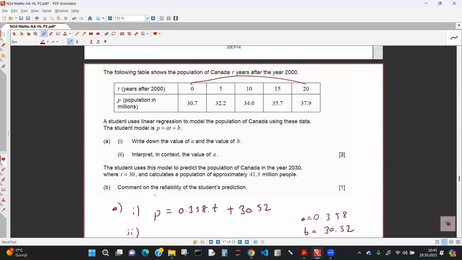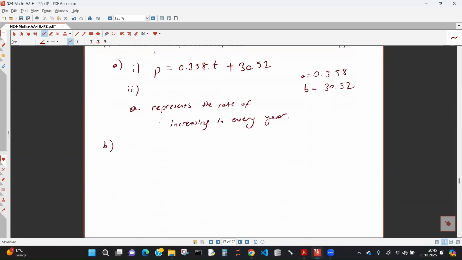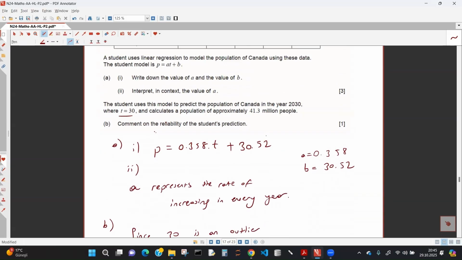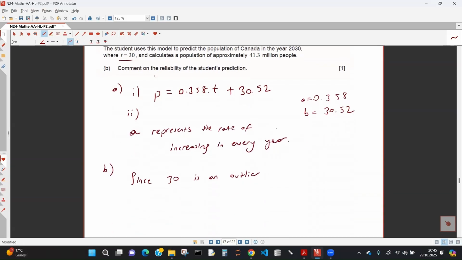Since 30 is not in this range, we can write that since 30 is an outlier, the prediction is not reliable.